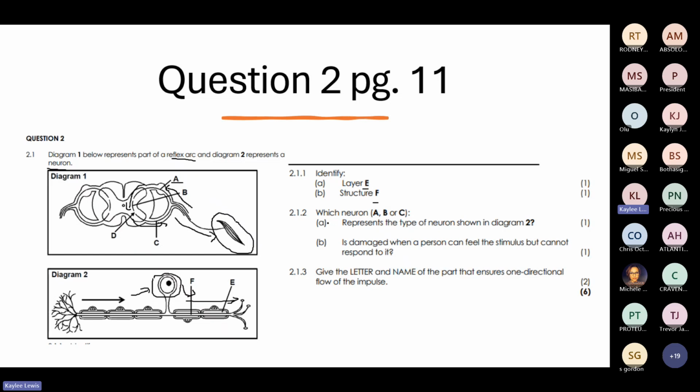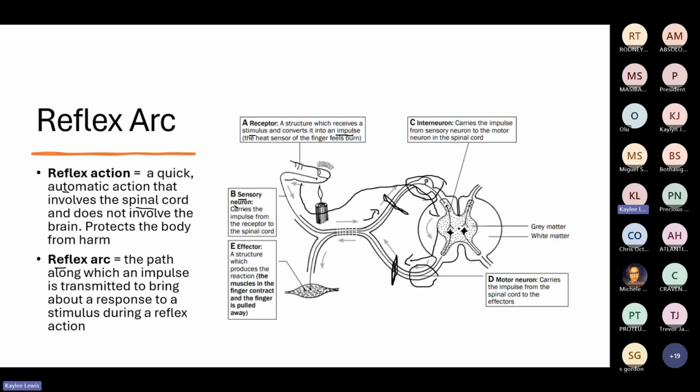Then it says which neuron, A, B, or C, is damaged when a person can feel the stimulus but can't respond to it. If I go back, I just want to show you this picture because it's a bit clearer and bigger. If the person can feel the stimulus, the impulse is going to the spinal cord and it's being detected and interpreted.